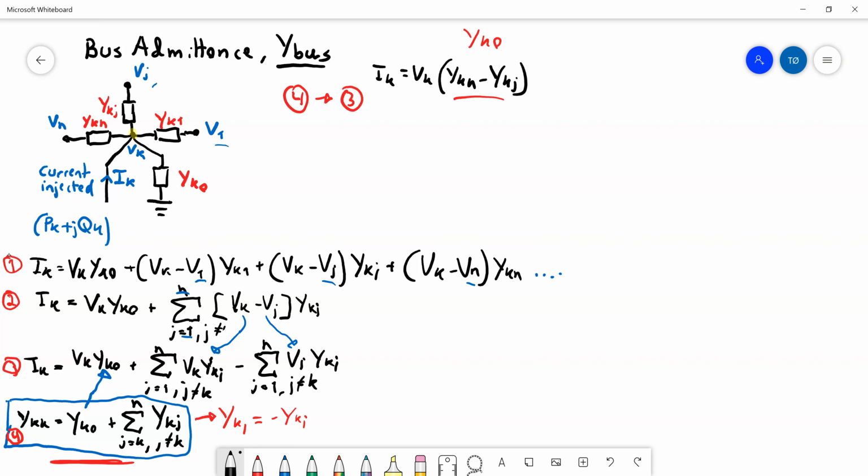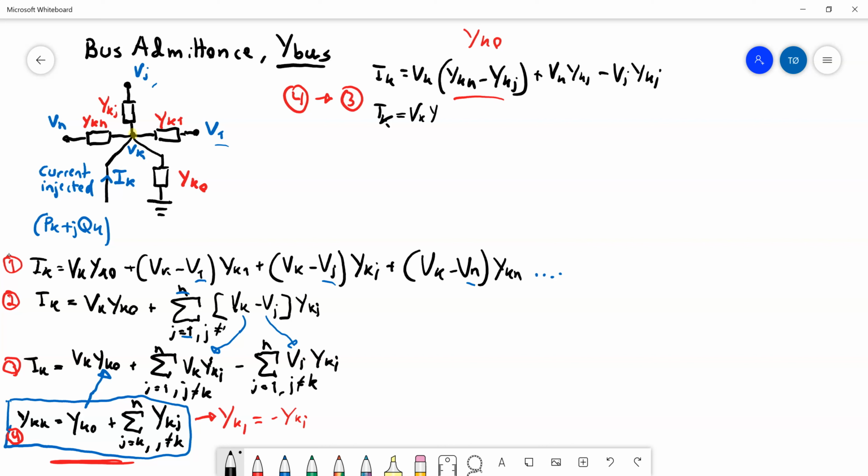And then plus VK YKJ minus VJ YKJ. And we can go further, and then we get IK.